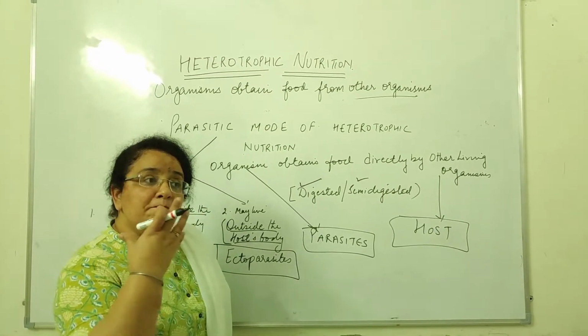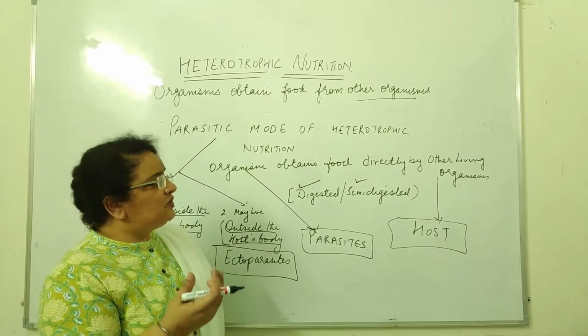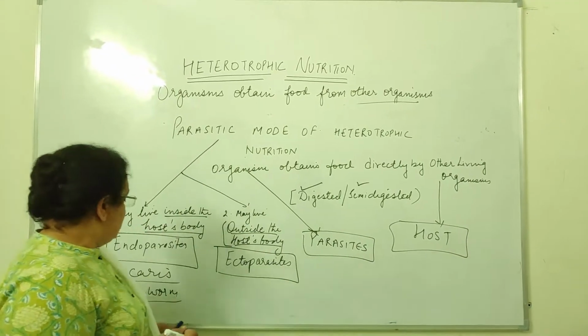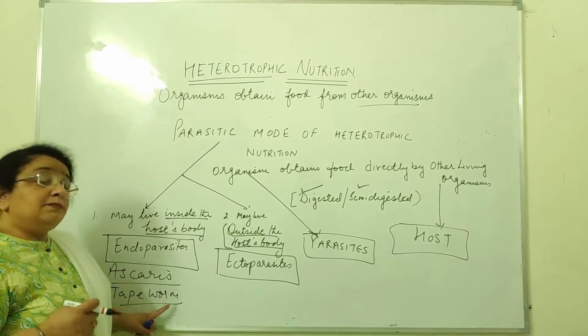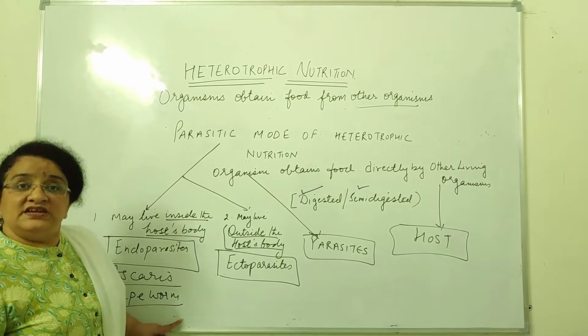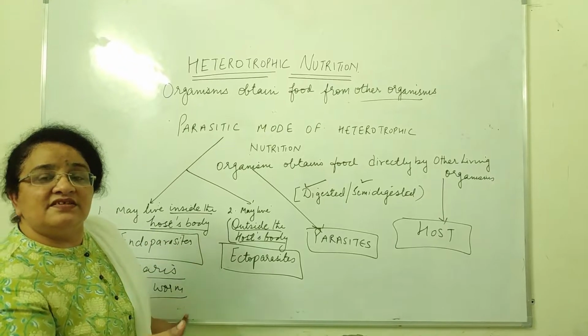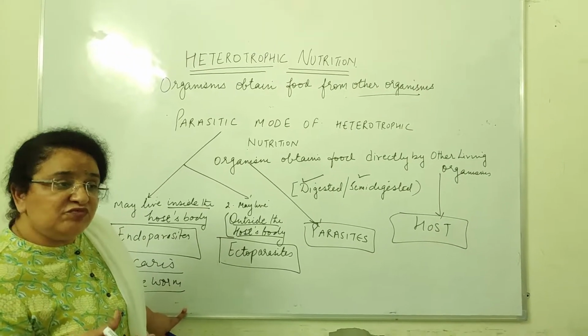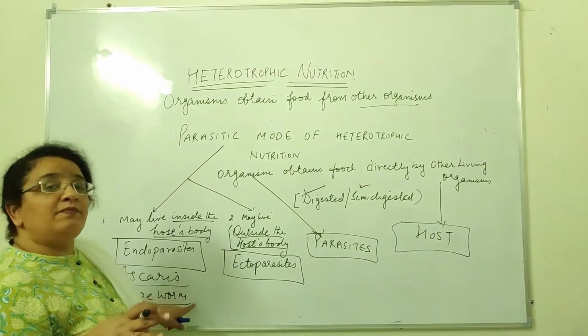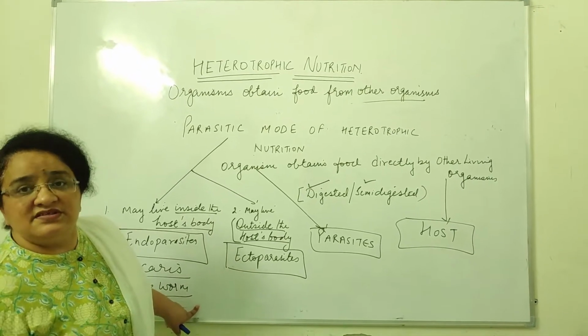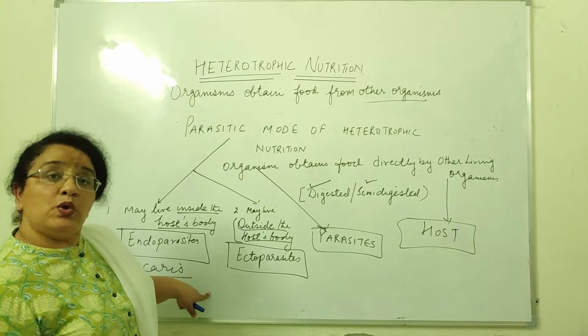They make the host weak, depriving it of its nutrients. For example, when a person has worms in the intestine, we give medicines for deworming the patient. Such parasites are harmful and need not be present inside the body because they harm the host.